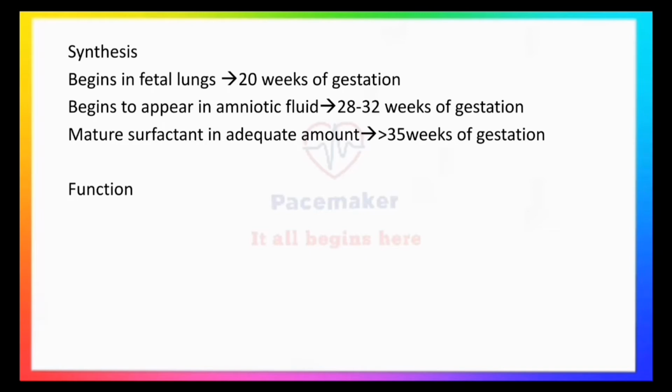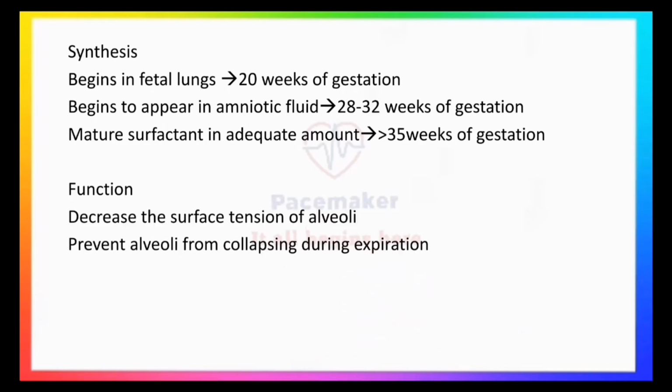Then what is the function of surfactant? Why is it so important? Because surfactant decreases the surface tension of alveoli, and it prevents alveoli from collapsing during expiration. What happens during inspiration? There is positive pressure distending the alveoli, and during expiration the air moves out from the alveoli, causing a drop in pressure.